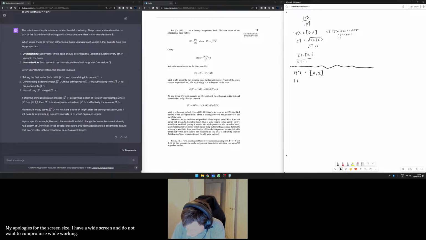So the magnitude of 2 will be equal to the square root of the inner product of 2 prime, which in turn, it'll be 0 times 0 plus 0 times 2 plus 2 times 0 plus 2 times 2.